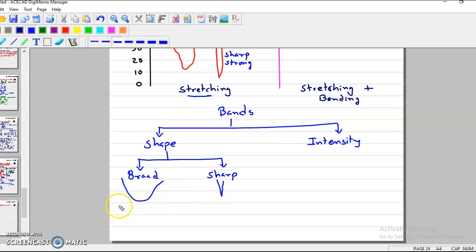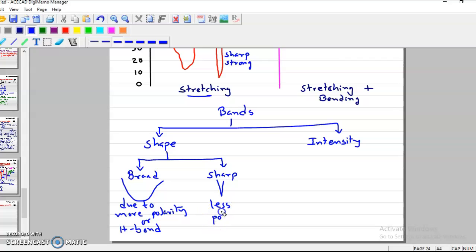Why did the broad band appear? It is due to more polarity or hydrogen bond. This one is due to less polarity.